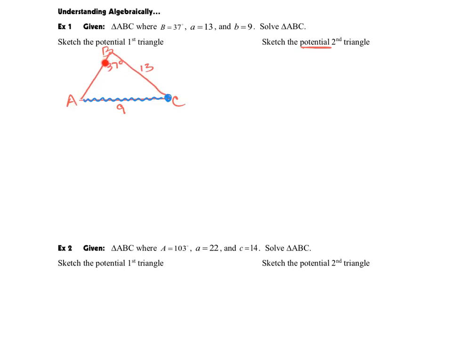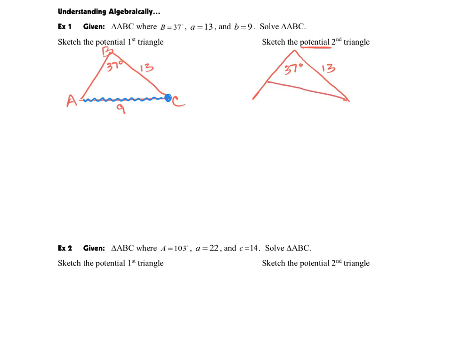When I draw this, I like to draw the 2 sides that I know are going to stay the same first. So I'm going to draw that first, and I'm going to get my 37 degrees in there, and I'm going to have this 13 that's going to stay the same. And then when I draw in that new side, I am not trying to make this look to scale.